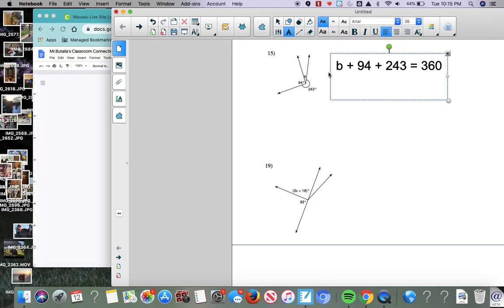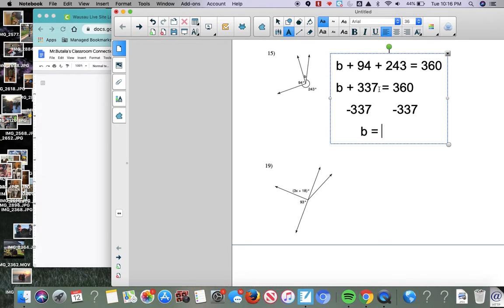Now I could have combined like terms right away, and I could combine the 94 and the 243, which would be, let's see here, 337 equals 360, and I'm going to subtract 337 from both sides, and yes, believe it or not, I'm still going to expect that you are showing the same steps that we did many moons ago when we were going through multi-step equations.